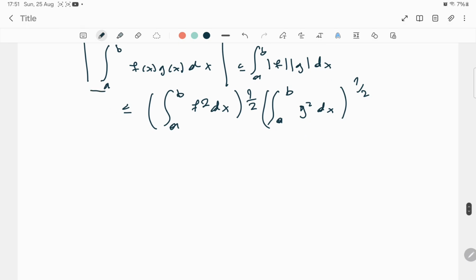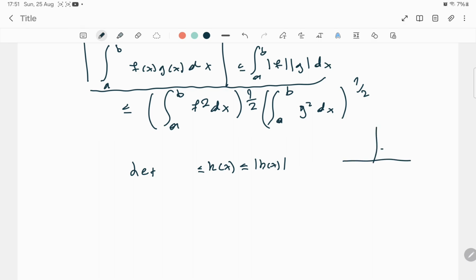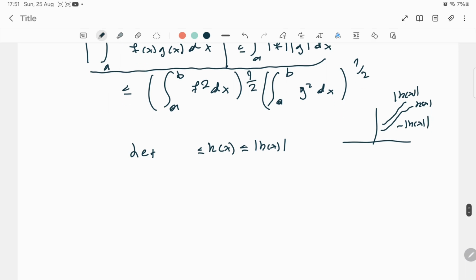Let's explain where this bit comes from. Let me take the function h of x, and this is bounded by the modulus of h of x, and minus the absolute value of h of x.